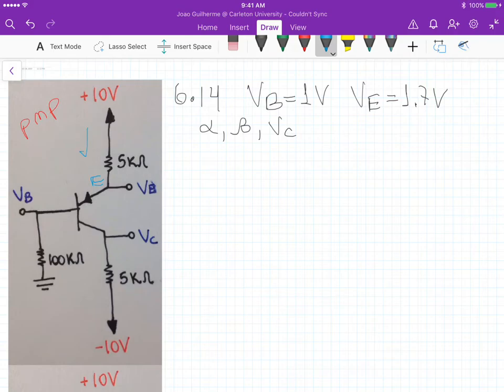So this is the emitter current, IE, here. Then we have IB here and IC here.